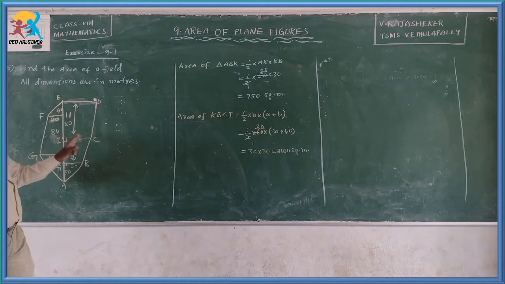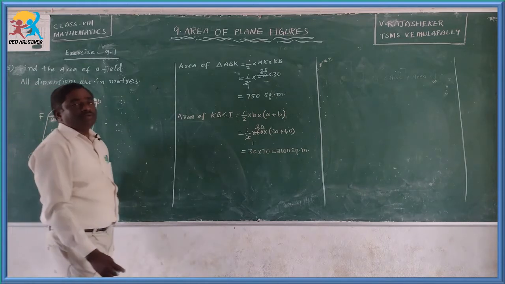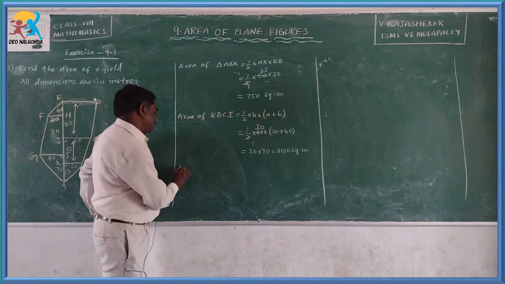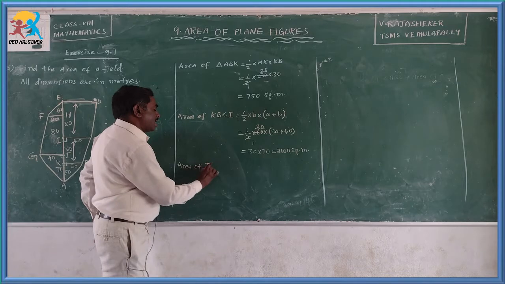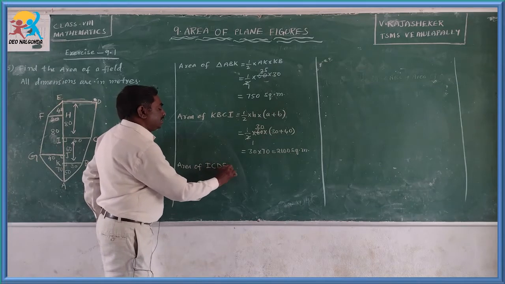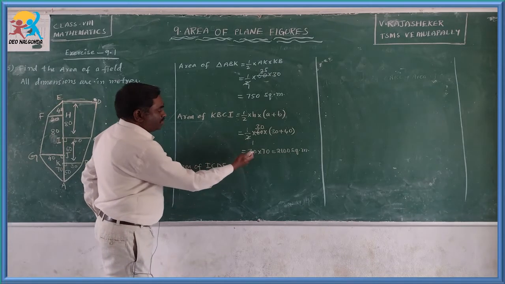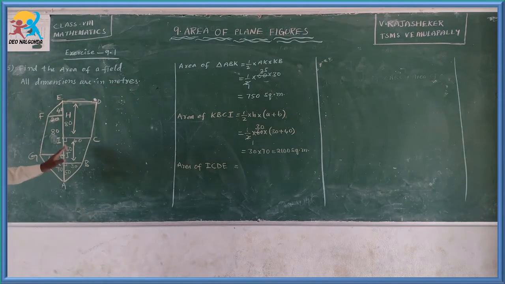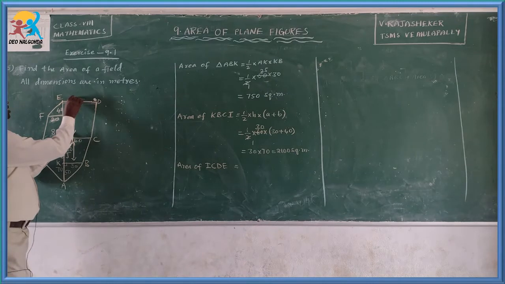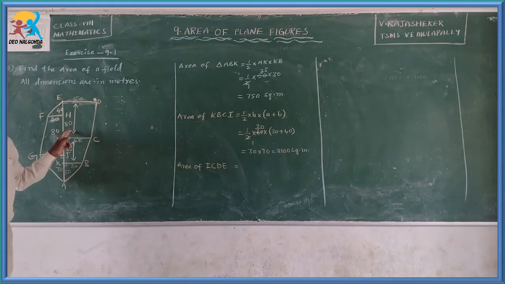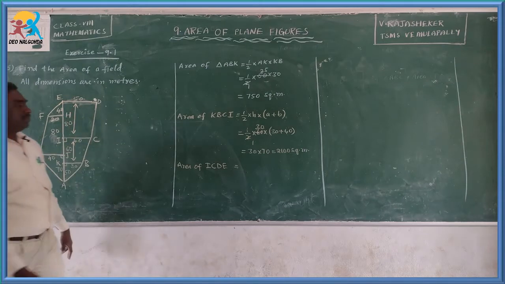Now, the third one is also a trapezium. Area of ICDE. It is a trapezium. Same as before, half into distance between the two parallel sides, which is 80, into the sum of the lengths of the two parallel sides, 40 plus 50.